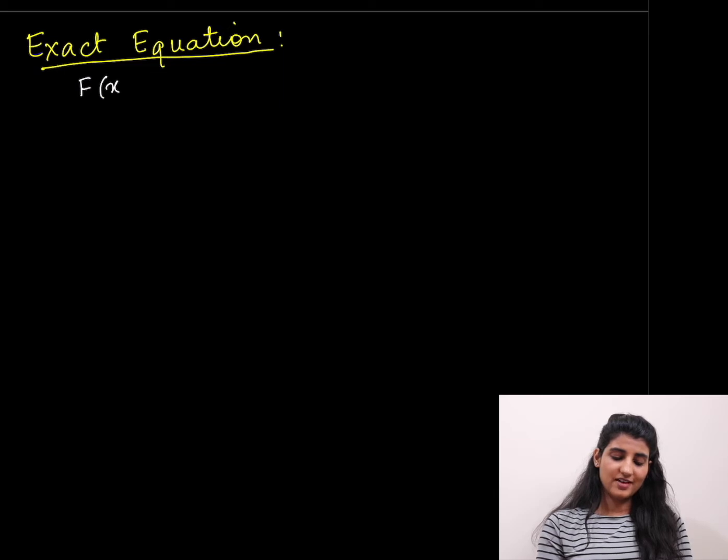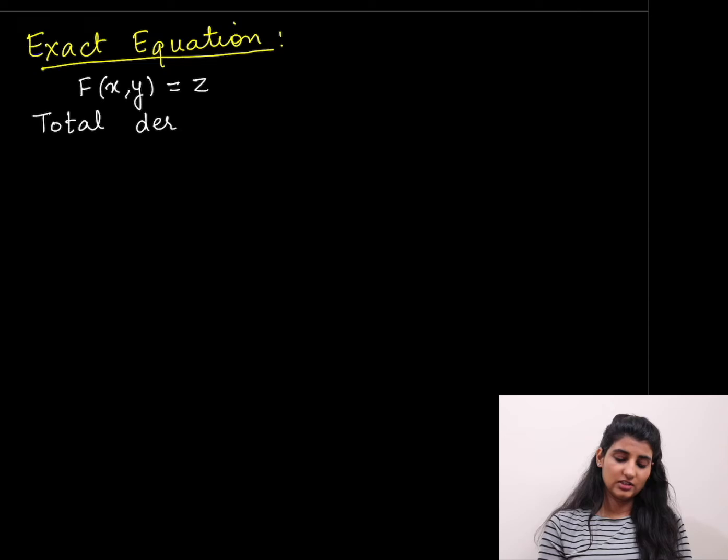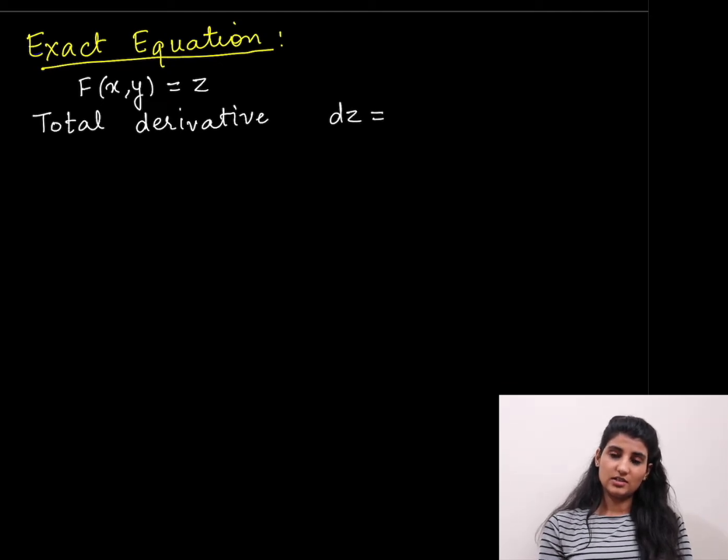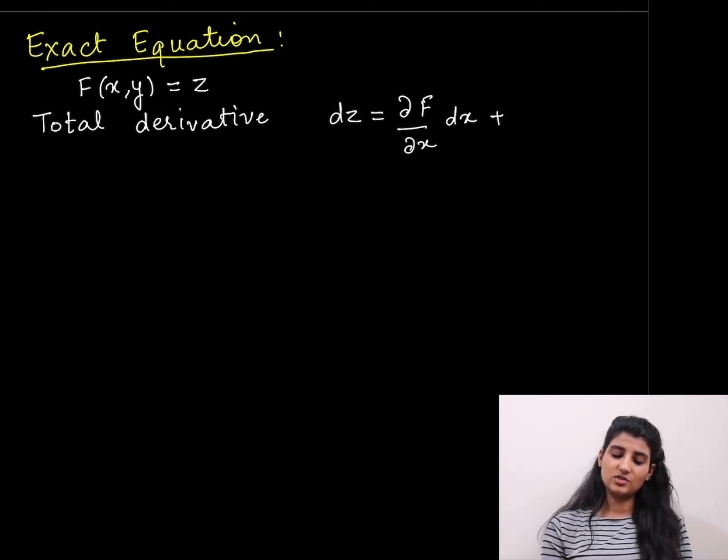So if we have a function f(x,y) equal to z, then the total derivative of this function is going to be dz equal to the partial derivative of f with respect to x times dx plus the partial derivative of f with respect to y times dy, right?